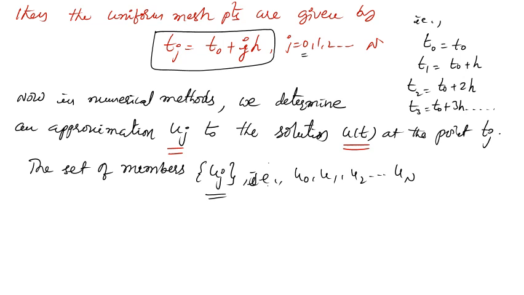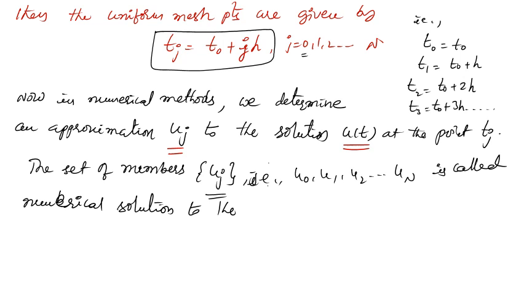This set of numbers uj is called the numerical solution to the initial value problem. Just these are the notations. U of t is the exact solution and uj is the numerical solution of the initial value problem, equation 1.